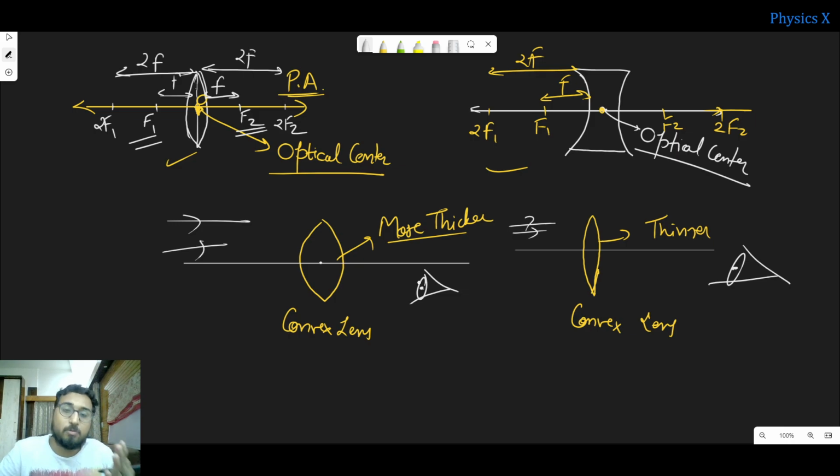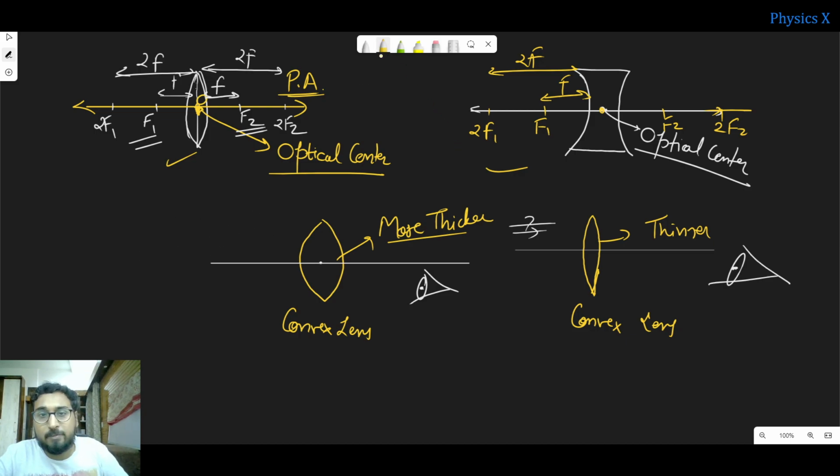In a mirror we are observing on the same side, but a lens is transparent. So in this case we are making light incident on one side of the lens and we are observing on the other side. Can you tell what will happen to the ray of light theoretically if it travels through these two different kinds of lenses? In a lens, refraction is taking place.